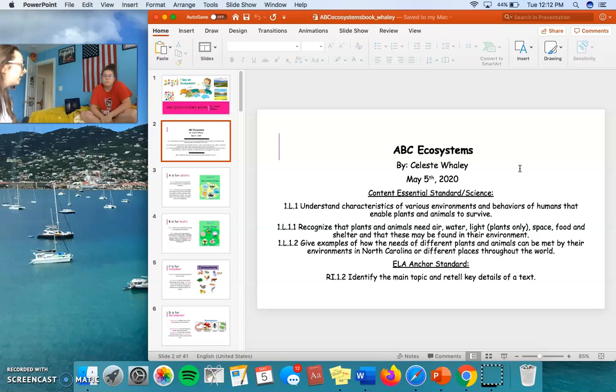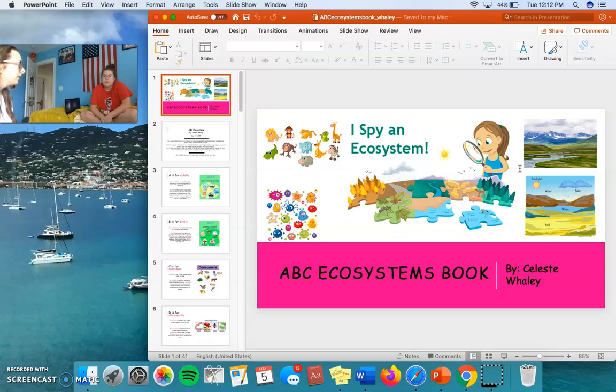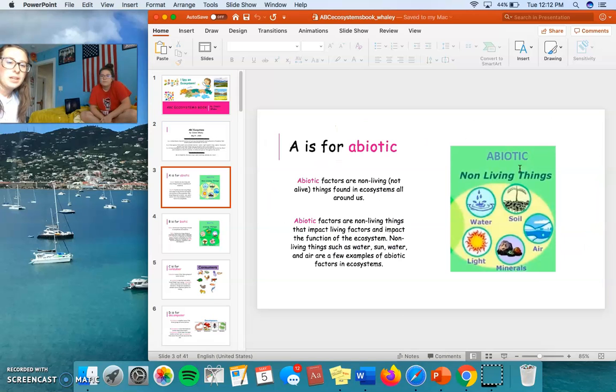So what's our main topic again? Ecosystems. Great job. Okay, so before we start, I want you to think what an ABC book is. What do you think an ABC book is? It has the alphabet in it. It can be anything, really, like our topic is ecosystems.